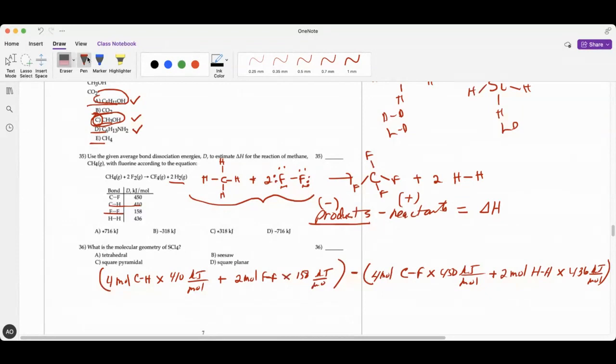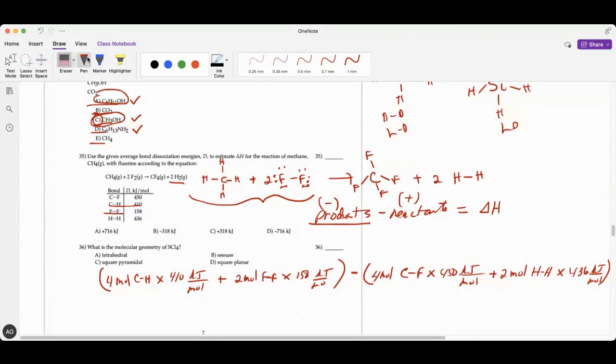All right, so I was putting this into the calculator. Let's see, what did I have? Okay, so we have 4 times 410 plus 2 times 158, and we'll subtract from that 4 times 450 plus 2 times 436.